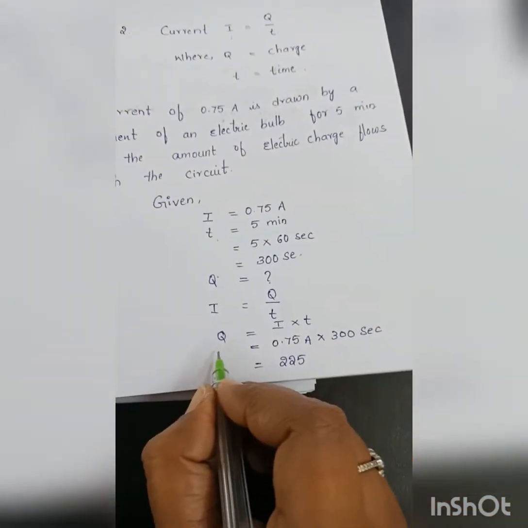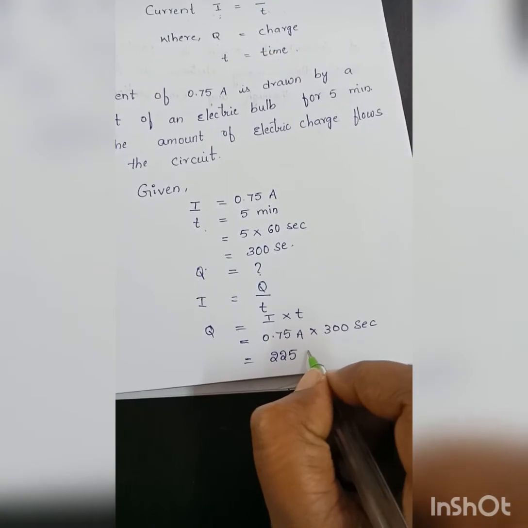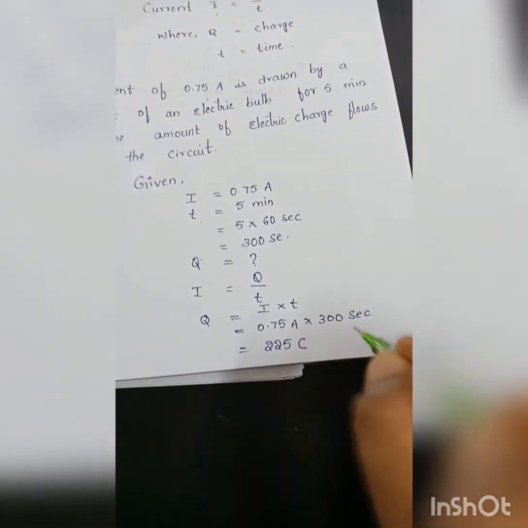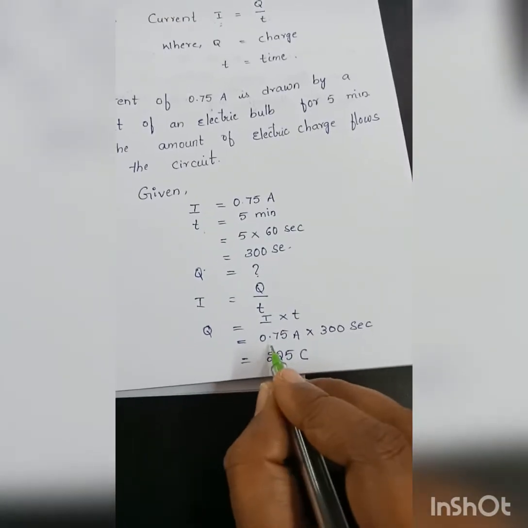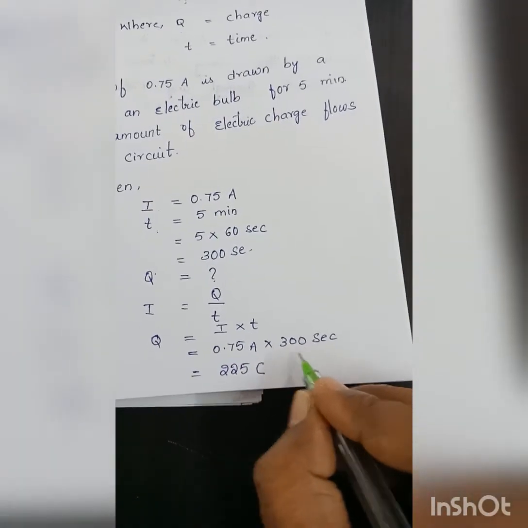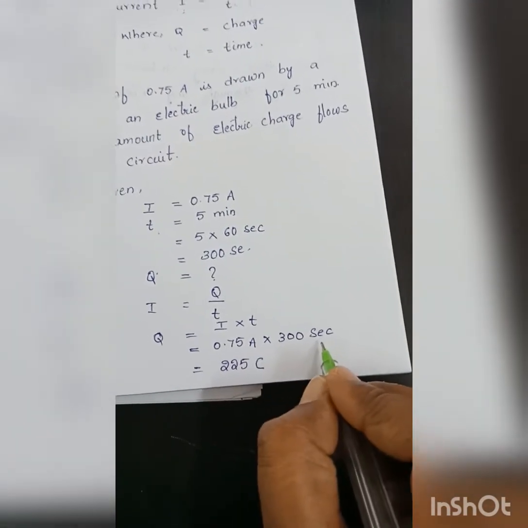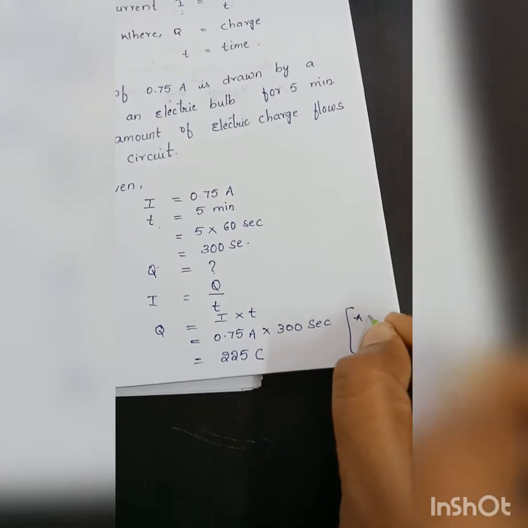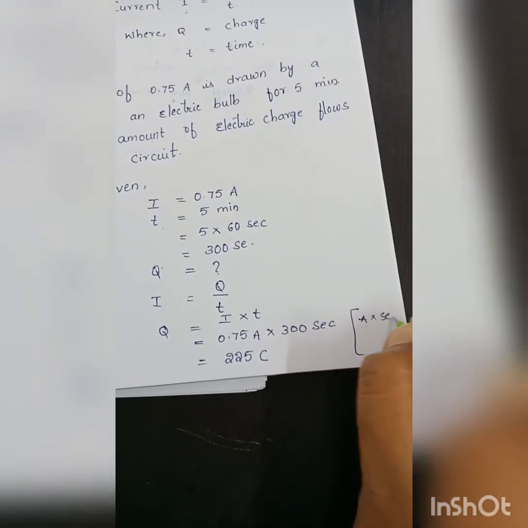225, and Q is measured in charge, that is, coulombs. 225 coulombs. Why coulombs? As we multiply the values 0.75 and 300, we need to multiply the units also: ampere into second.